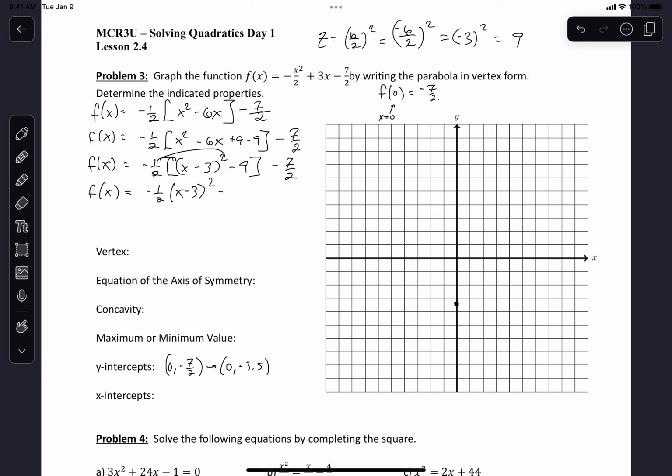So we're going to get negative 1/2 times negative 9, which is going to be plus 9 by 2, minus 7 by 2. Okay, 9 minus 7 over 2 is going to be plus 2 by 2, which is 1.